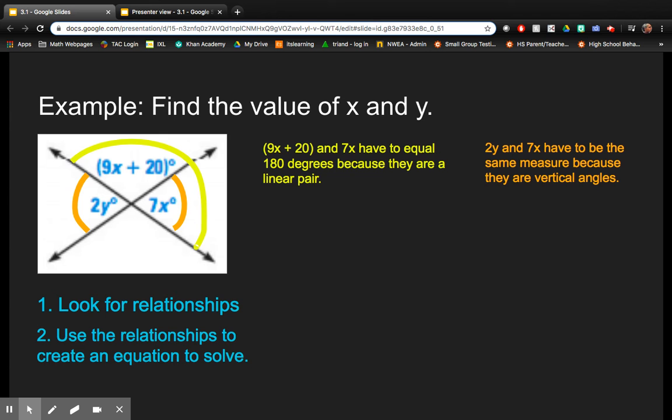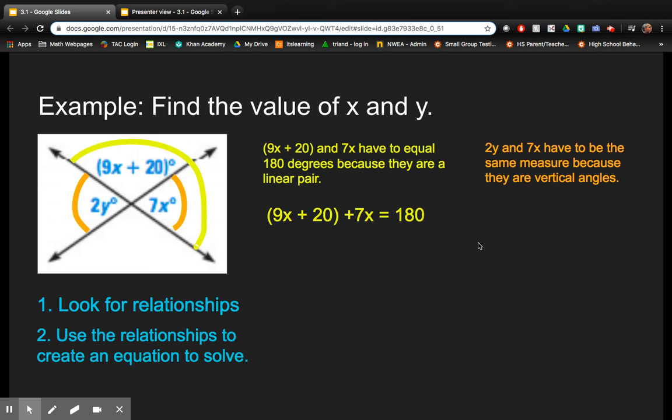Let's begin with 9x plus 20 and 7x. We have said that because they are a linear pair, they have to add up to be 180 degrees. So I would simply write 9x plus 20 plus 7x has to equal 180. From here, all I need to do is solve it.